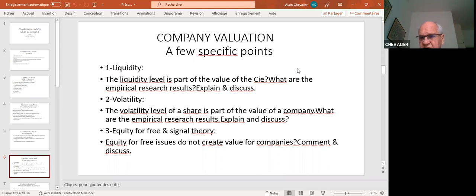So there is a decrease in the value. Generally what we see is that day traders are a minority of investors, and that when the volatility level of a share is high, there is a decrease in the value of a company.